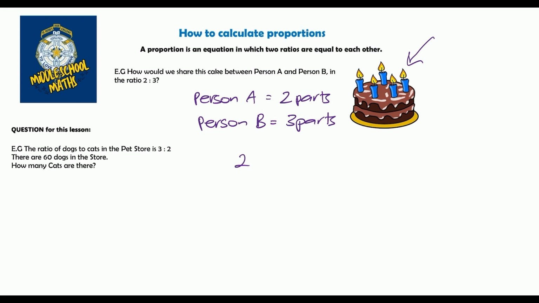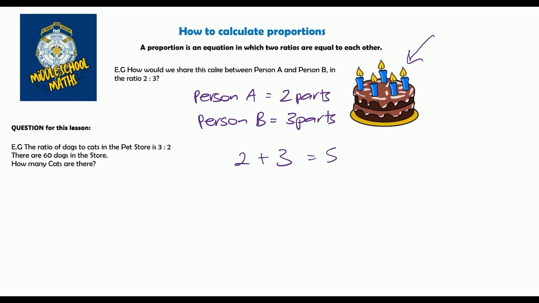How we do that is our 2 pieces plus our 3 pieces, which means we get 5 pieces in total. So that means we are going to split our cake into fifths, and person A is going to get 2 pieces and person B is going to get 3 pieces.